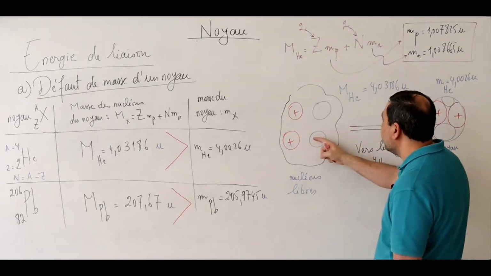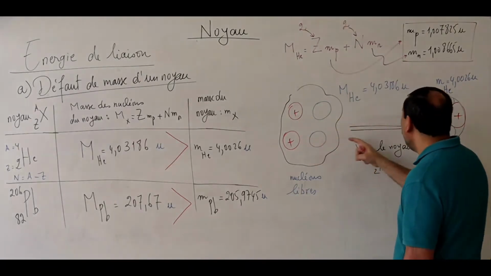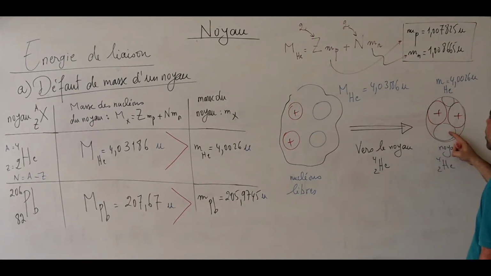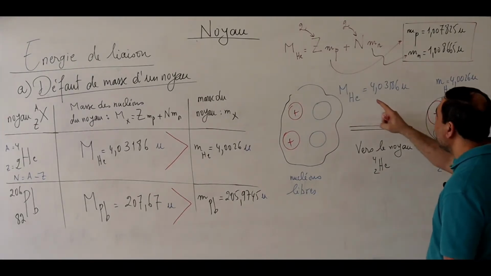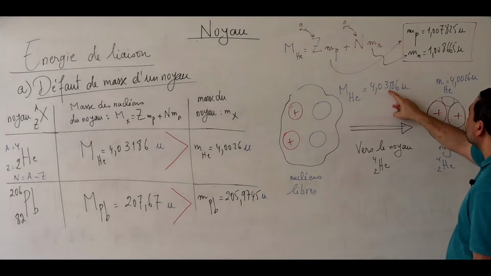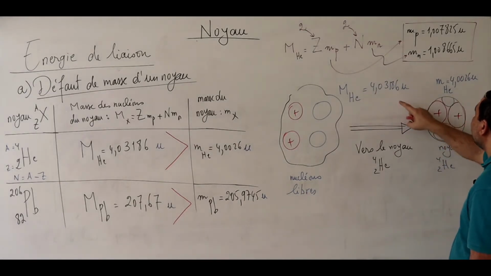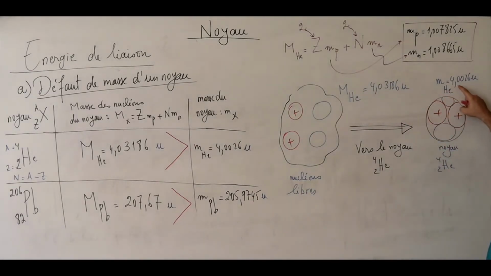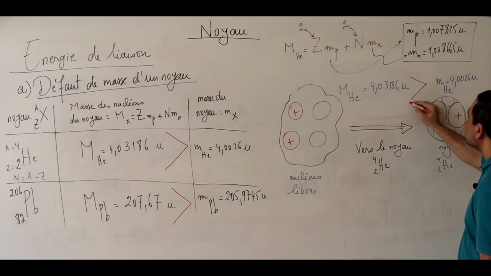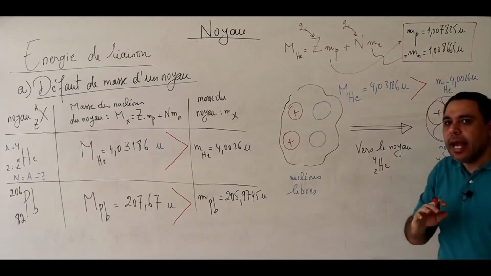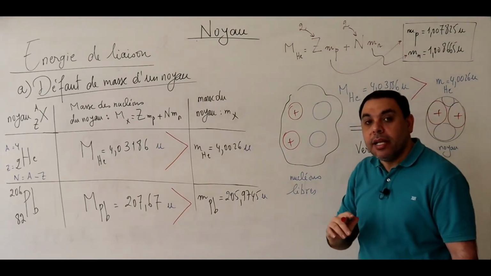When combining the nucleons to form the helium nucleus, the mass decreases from 4.03186 u to 4.0026 u. The mass decreases. There is a loss in mass.